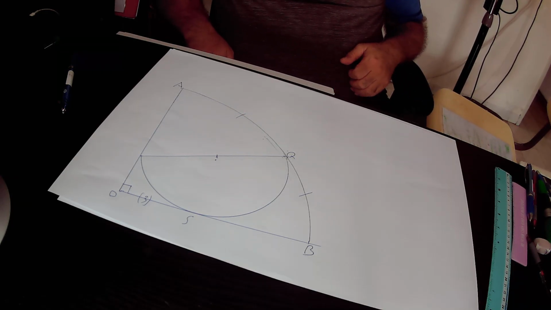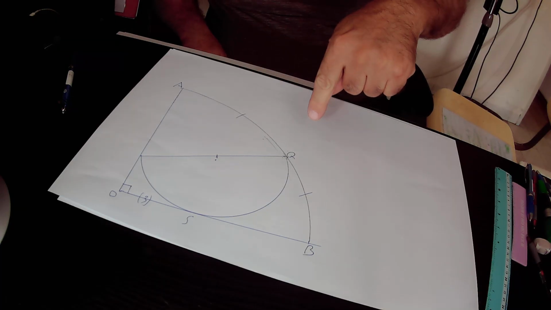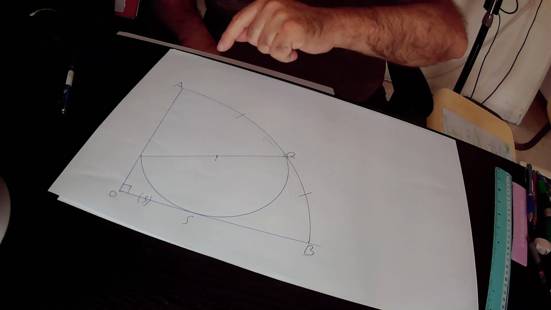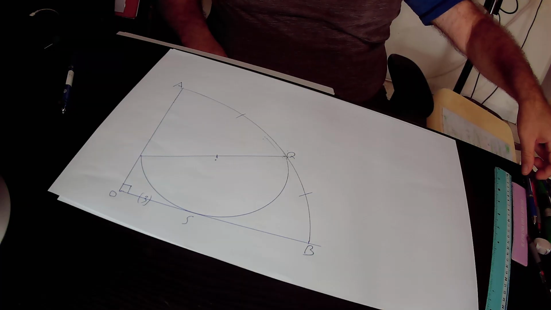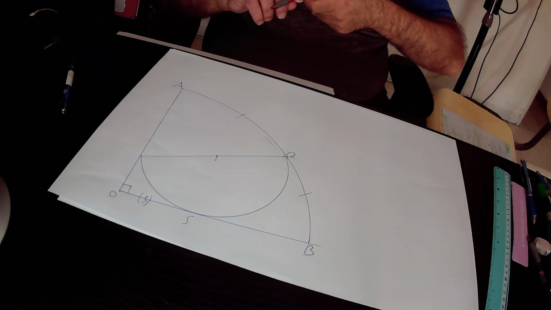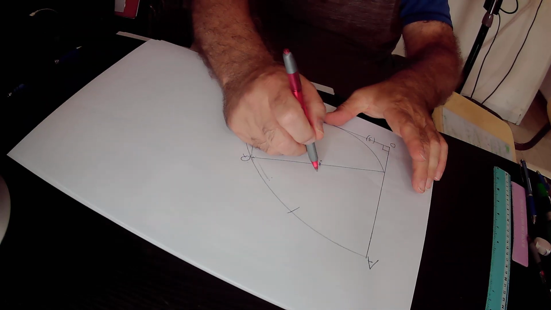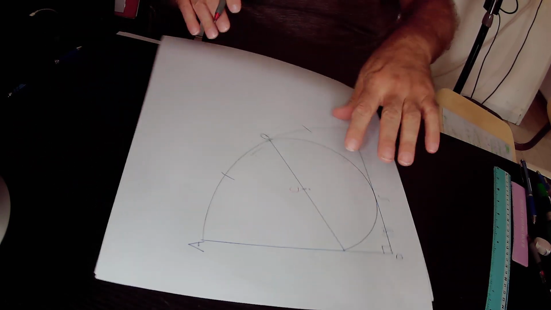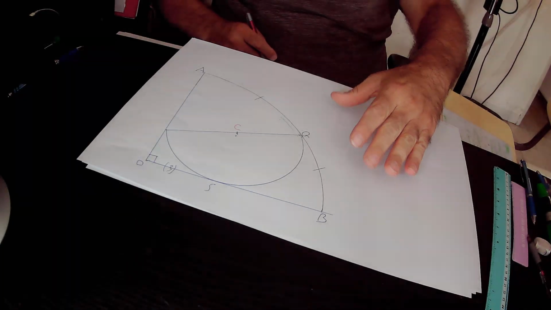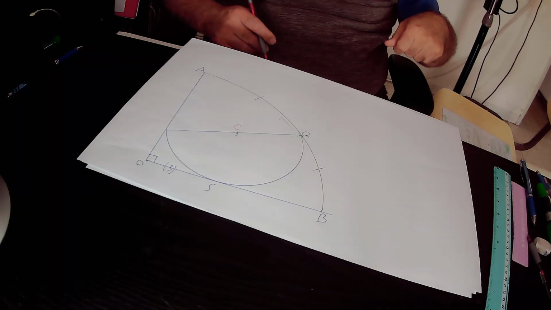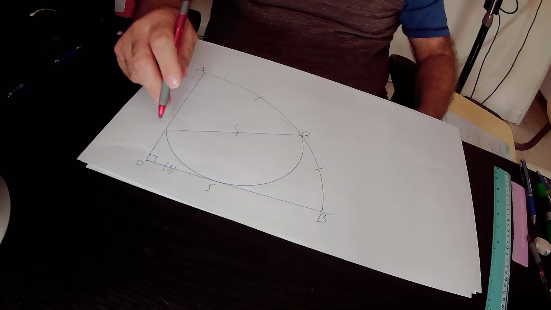So first of all, we define the center of this semicircle. This point is point C. And we define the touching point of the big quarter circle and this semicircle.